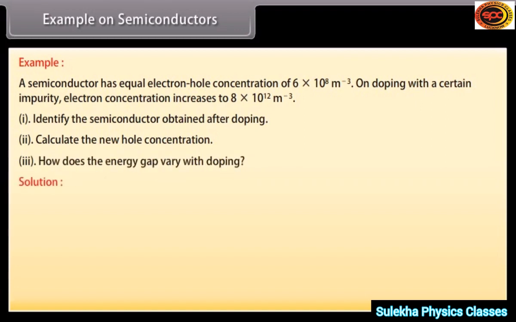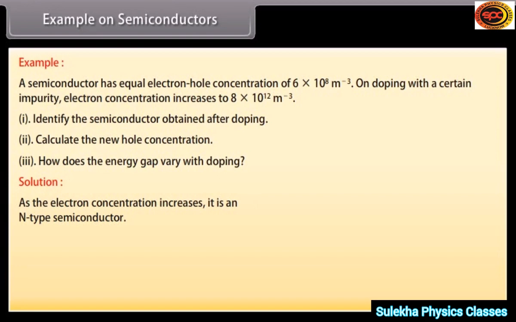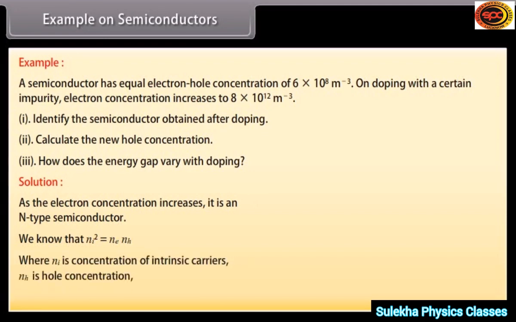Let's see the solution. As the electron concentration increases, it is an N-type semiconductor. We know that Ni² = Ne × Nh, where Ni is the concentration of intrinsic carriers, Nh is the hole concentration, and Ne is the electron concentration.